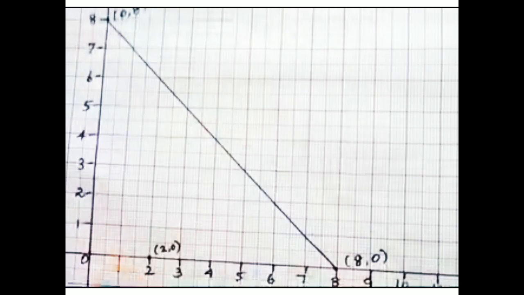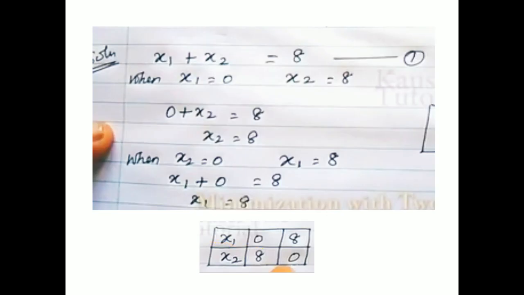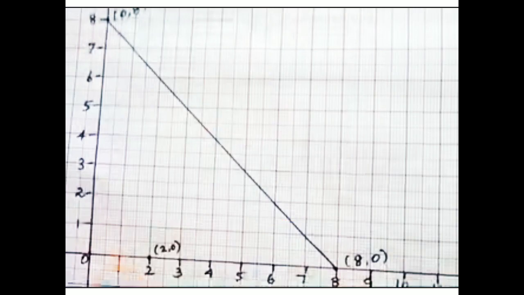So in the next slide, I have shown the graph where x-axis representing the x1 decision variable and y-axis representing the x2 decision variable. Now I will be plotting these points, that is x1 and x2 set of points, on this graph.